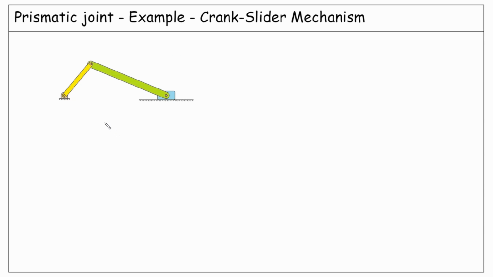Let's have an example. In this crank slider mechanism, we have 3 rigid bodies: 1, 2, 3. They bring 9 degrees of freedom to our system. We have 3 revolute joints, 1, 2, 3.